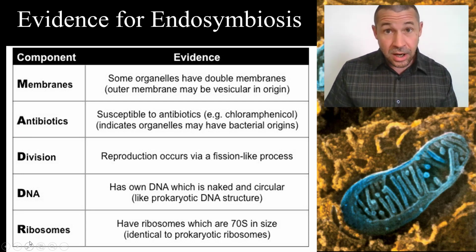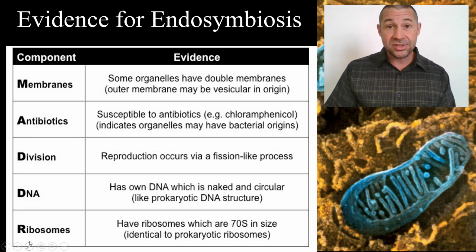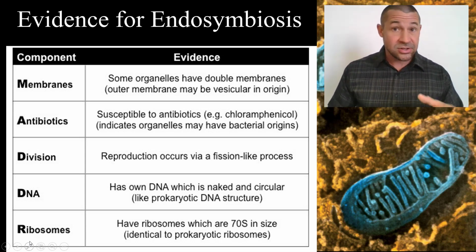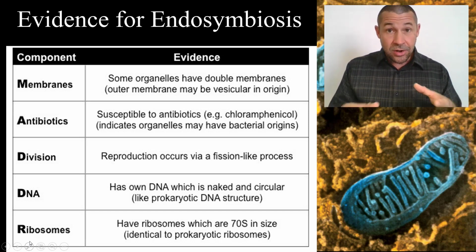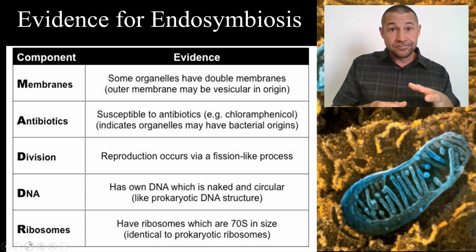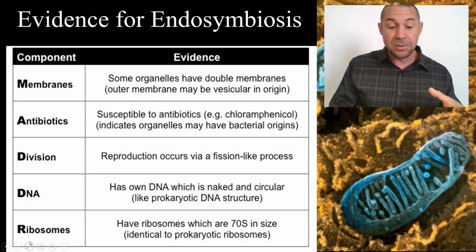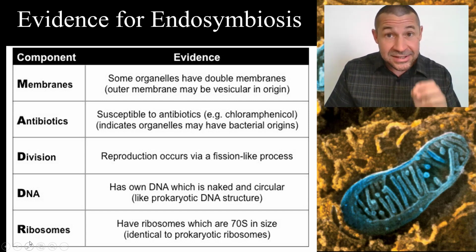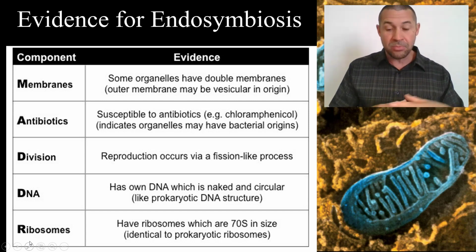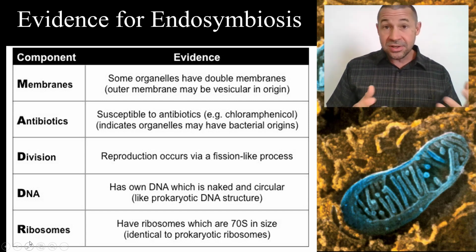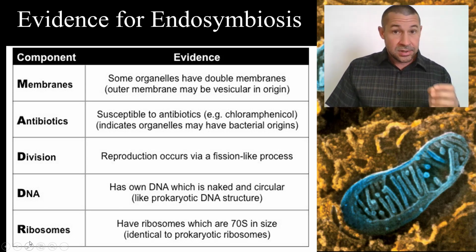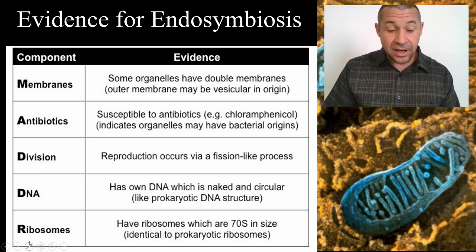So both the mitochondria and the chloroplasts have double membranes. An outer membrane that's structurally similar to the larger eukaryotic cell within which they now live, as if they passed through this membrane a long time ago, as well as a second membrane, an inner membrane, that is structurally the same as free-living prokaryotes.